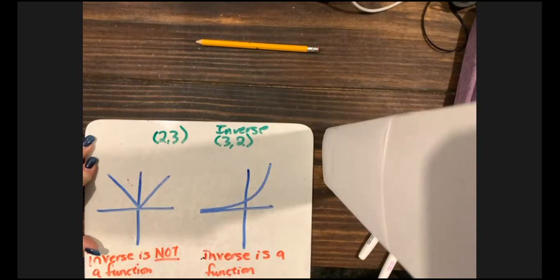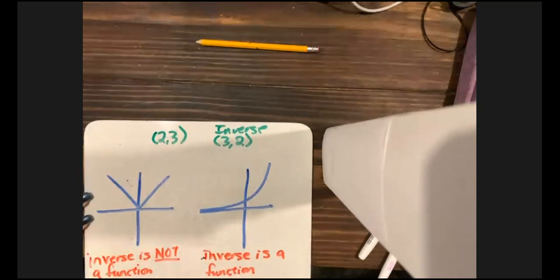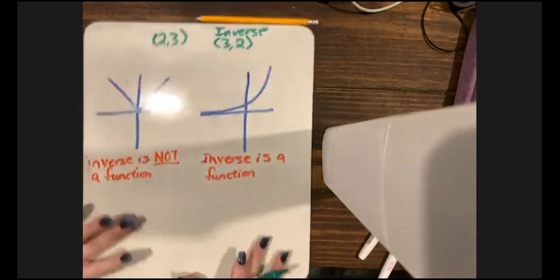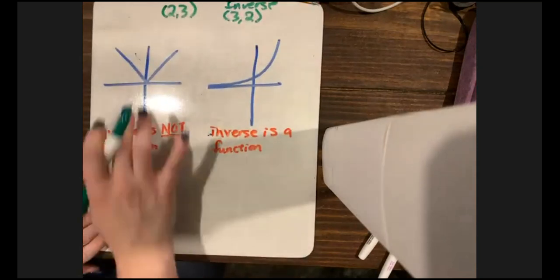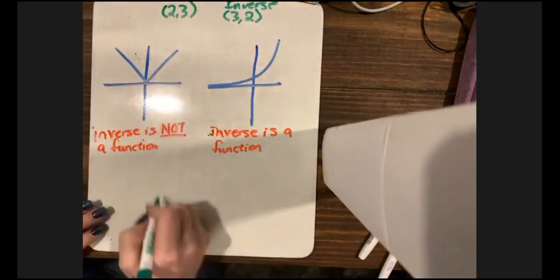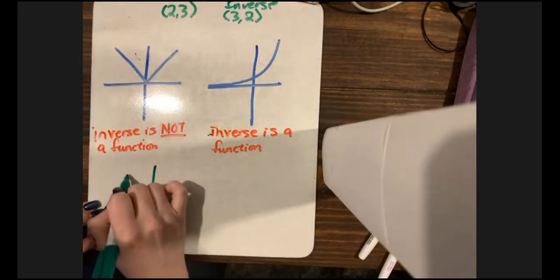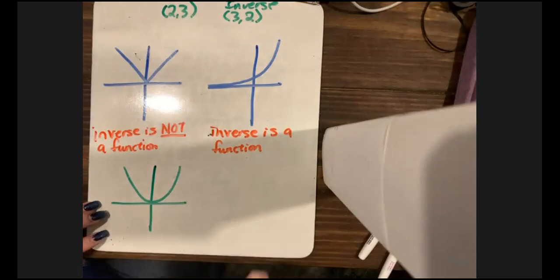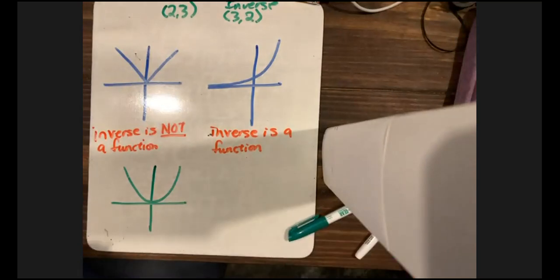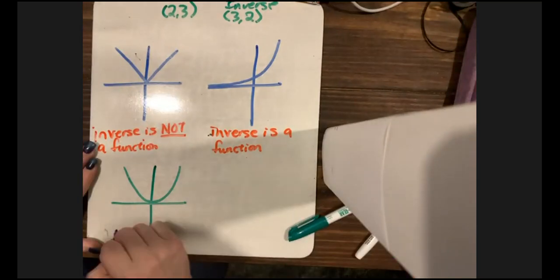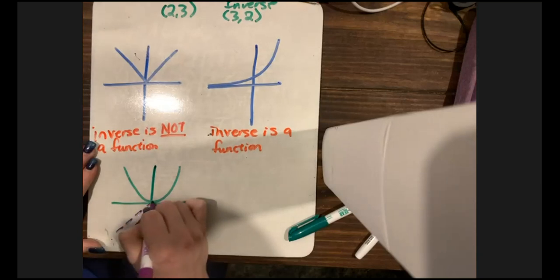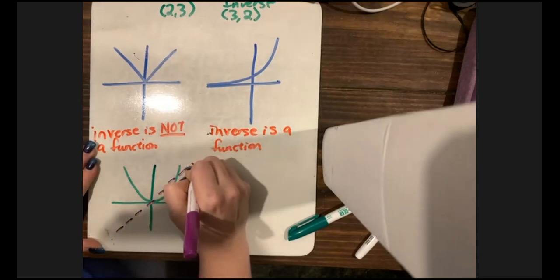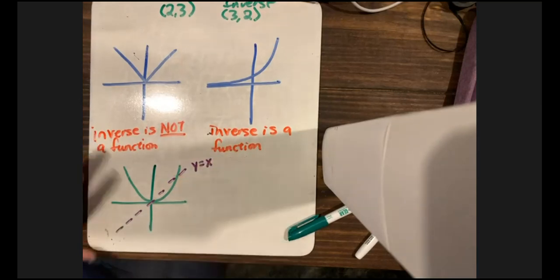Now, here's the deal about how we do this graphically, because guys, I don't want to have to go pick a bunch of points all over this thing, okay? So the way that we do this, and I'm going to do a separate one down here, and then I'm going to do these two, okay, is we are going to use the diagonal line y equals x.